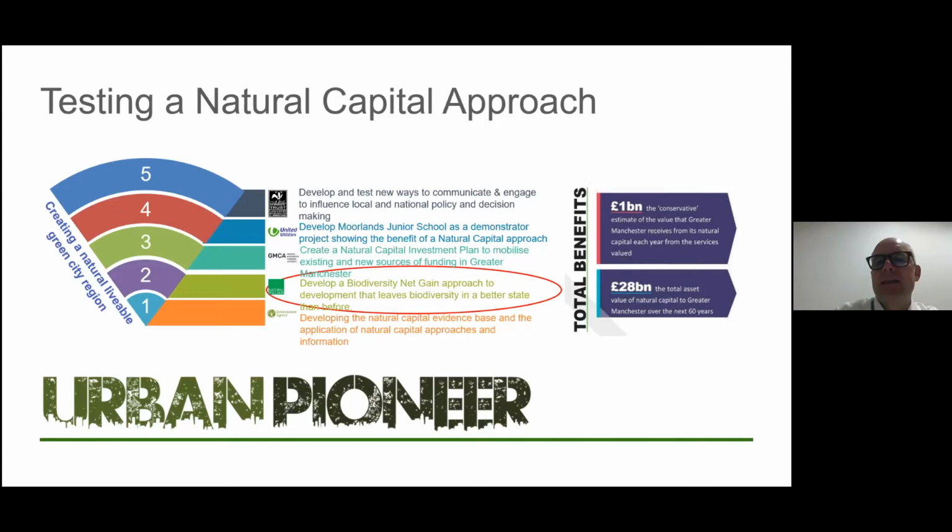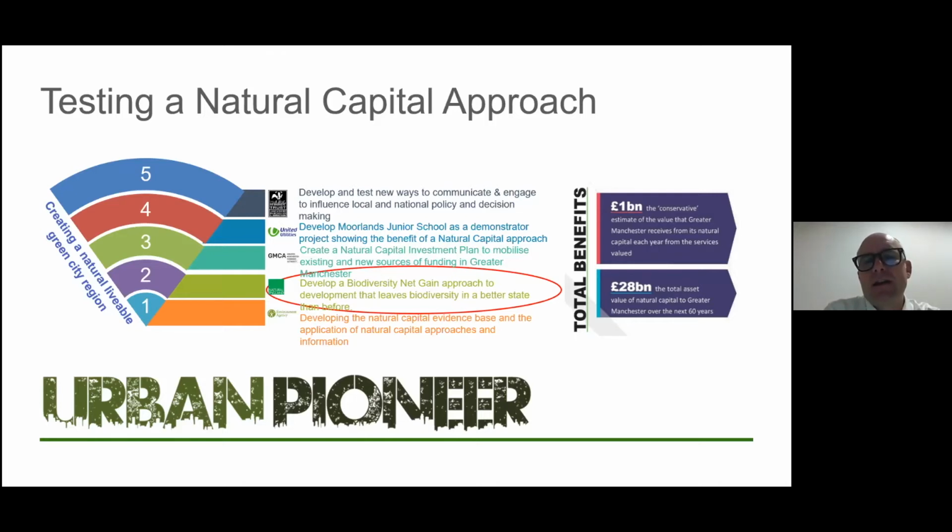But second, how do we deliver a biodiversity net gain approach to leave biodiversity in a better state than before? How do we create a natural capital investment plan that brings in existing and new sources of funding in Greater Manchester to help protect, manage and improve our natural environment?